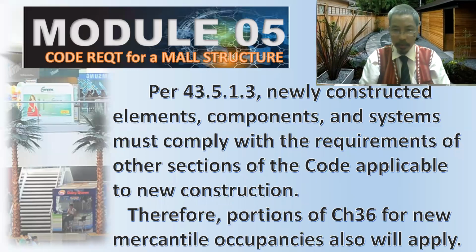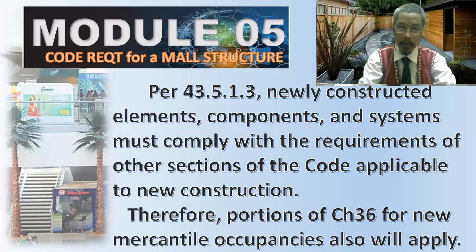Therefore, portions of chapter 36 for new mercantile occupancies will also apply. So in this particular design case, we are going to use both new and existing structure requirements. So both chapter 36 and chapter 37, in addition to chapter 43.